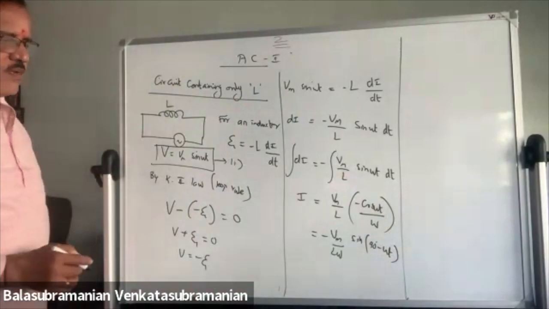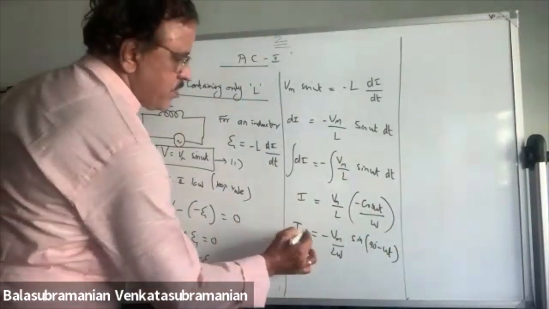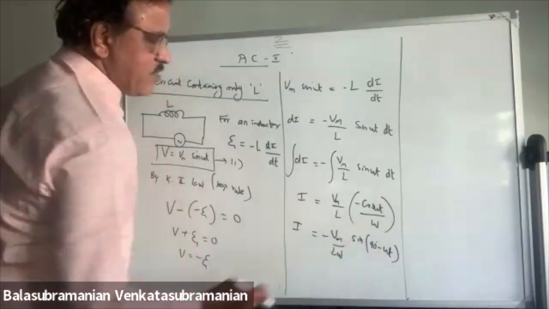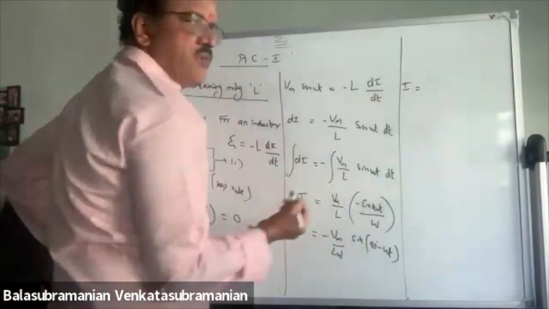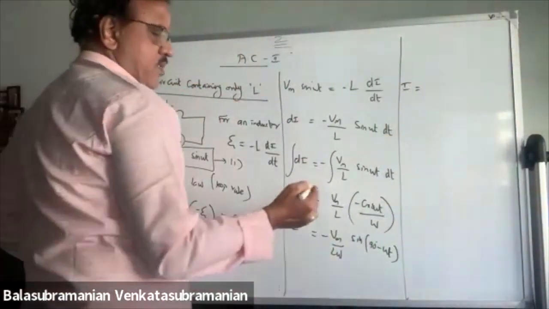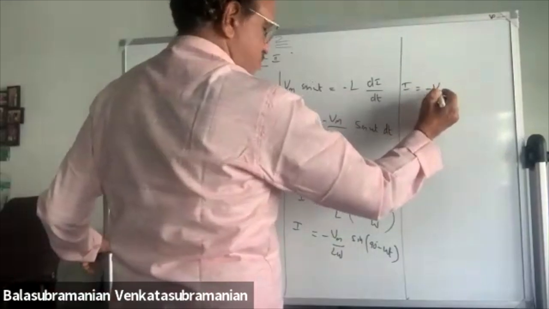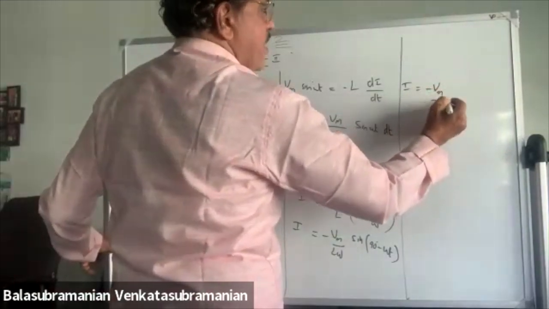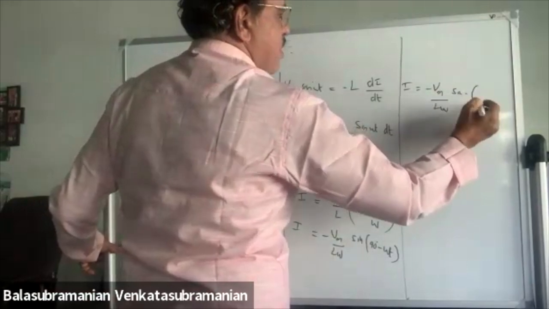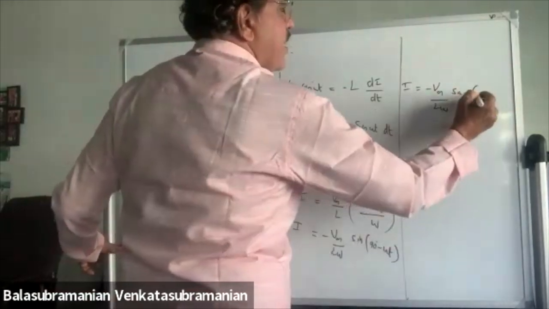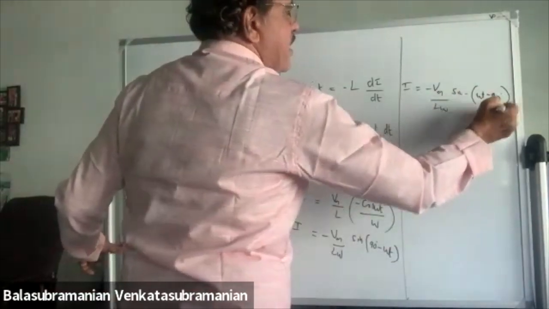Okay, fine. Now take this minus sign outside. What will you get? I is equal to minus Vm by L omega sin of minus of omega t minus 90.